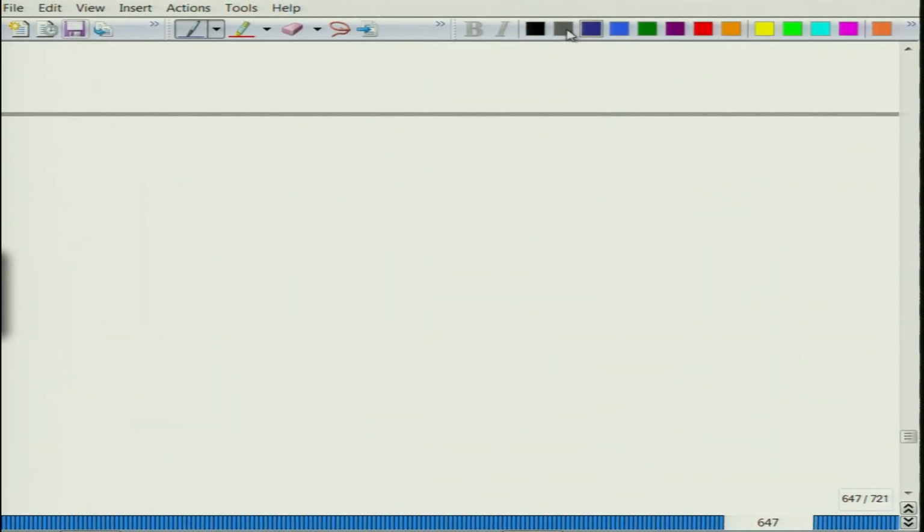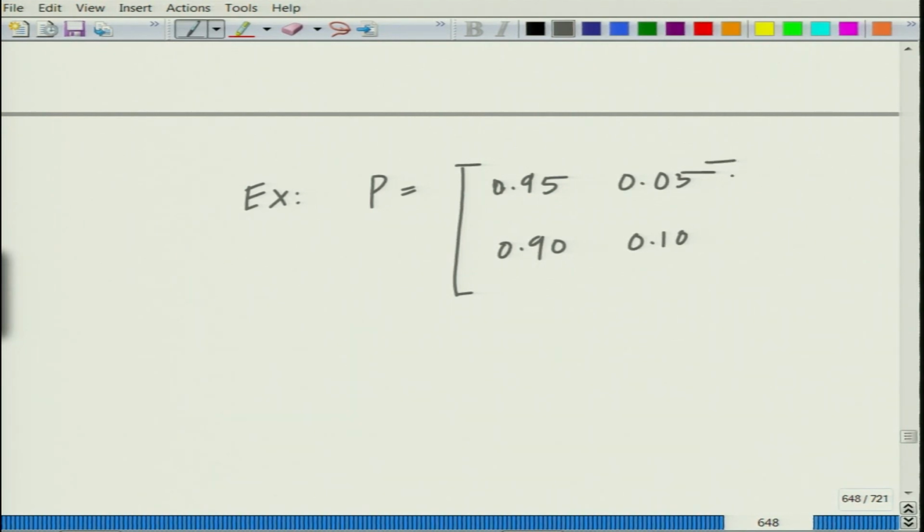Let us take an example. Again we go to our industrial reliability example, where P equals 0.95, 0.05, 0.90, 0.10.